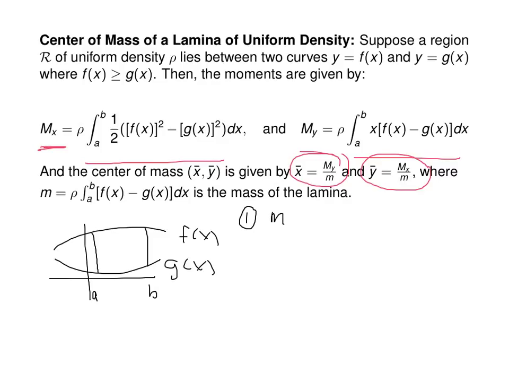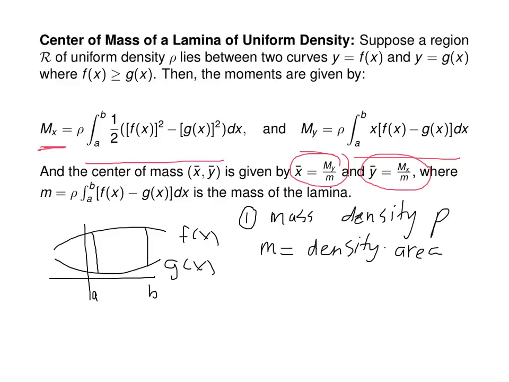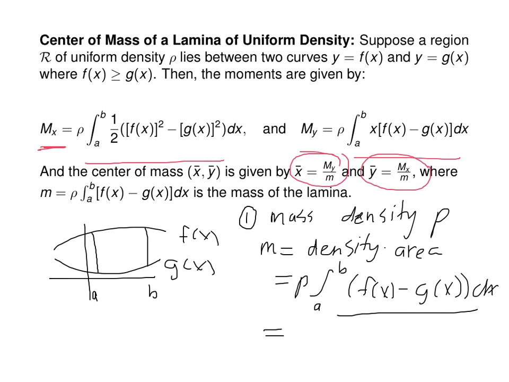Now, assuming we have density ρ, the total mass lowercase m is equal to density times the area of the region. So in this case that is ρ, and you learned to find the area of this region by taking an integral from a to b, f of x minus g of x dx, or letting this expression equal A, the mass is ρ times the area.